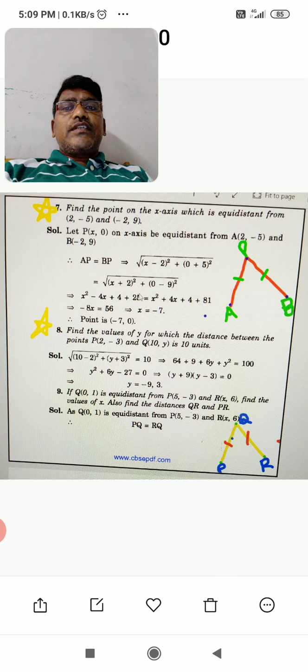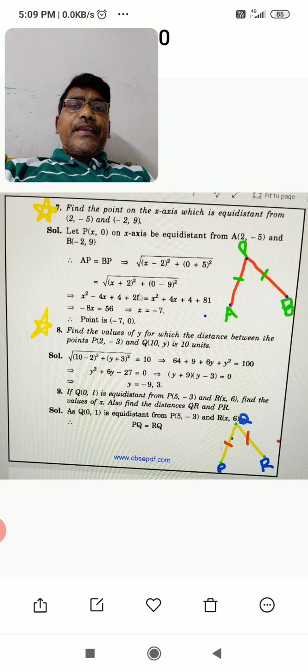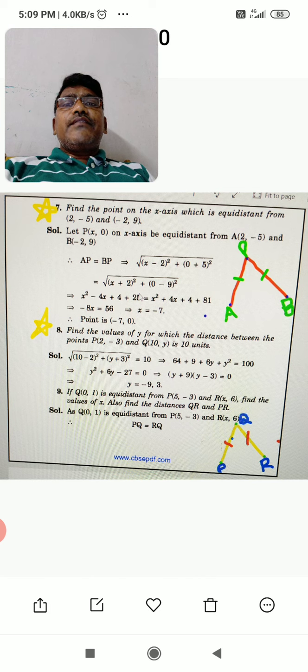You see in question number 9, if Q(0, 1) is equidistant from P(5, minus 3) and R(x, 6), find the value of x. Also find the distances QR and PR. Here the distance is not given, but the condition of equal distance is given. The points are also given, and I draw the diagram here.